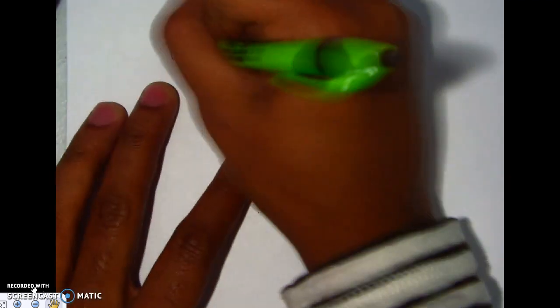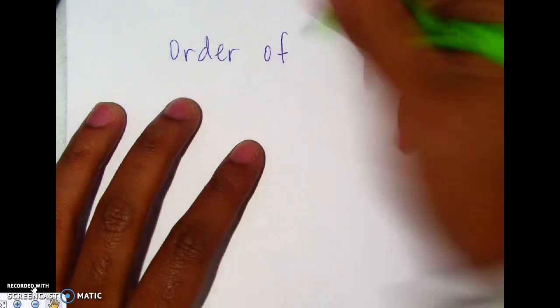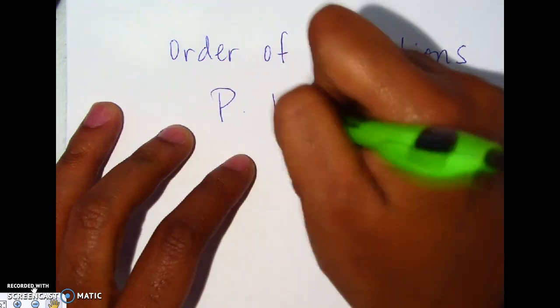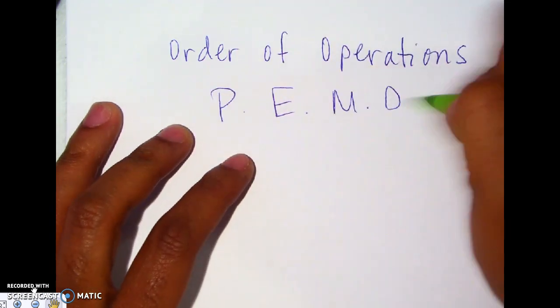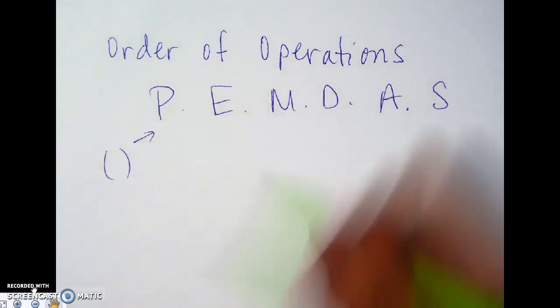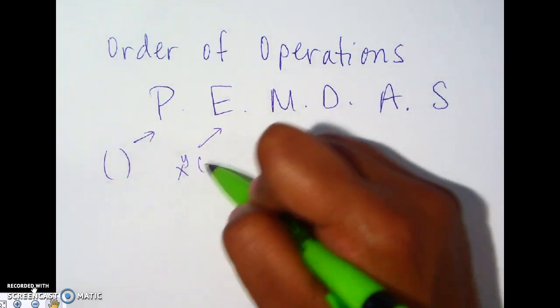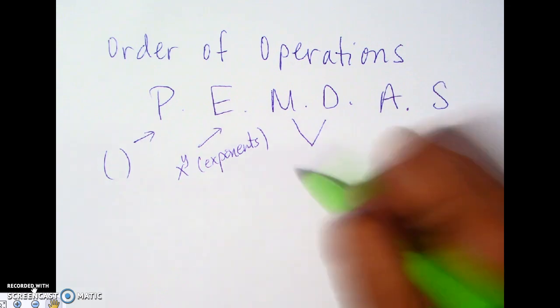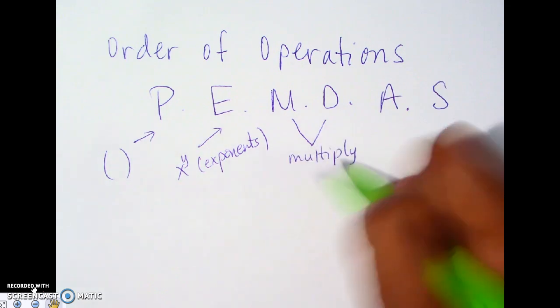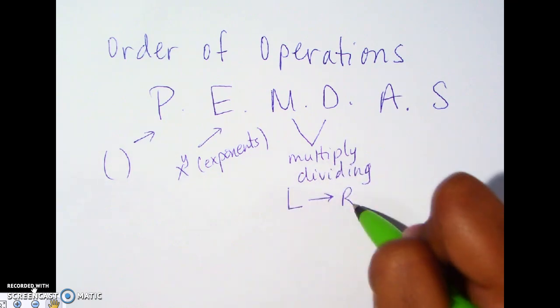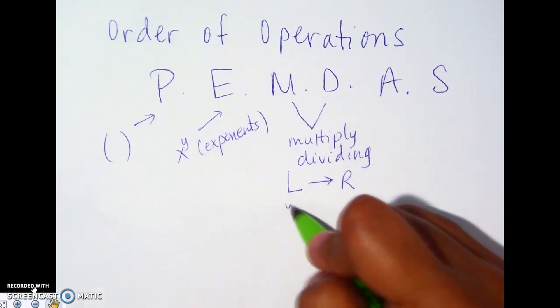So order of operations. You have to use the acronym: Please excuse my dear Aunt Sally. PEMDAS. Okay, so remember the P stands for parentheses, the E stands for exponents, the M and D is for multiplying and dividing, but you must do it from left to right, okay, and again, whichever comes first.